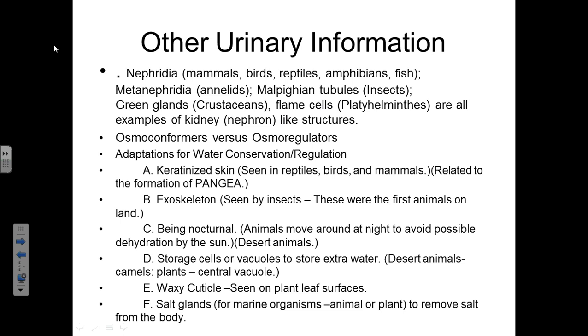That really wouldn't count here, though. Some of them, they just become salty, and they're okay with that. And it works. That's an osmoconformer, that their body's salt concentration and water concentration changes with the environment. And there's a few of those. But most animals are osmoregulators. We have to maintain a certain concentration of water and salt. If we don't, we're in trouble. Does that make sense? All right.